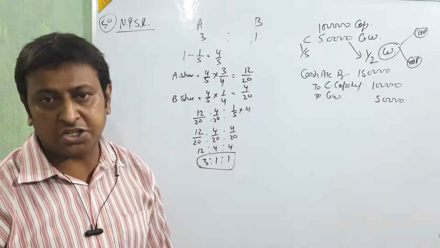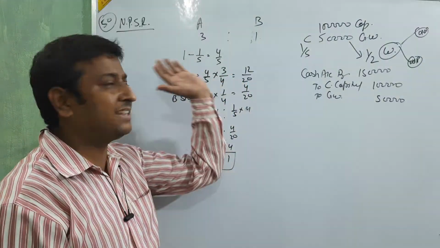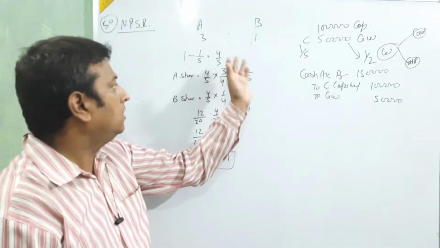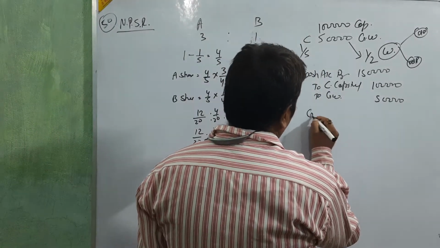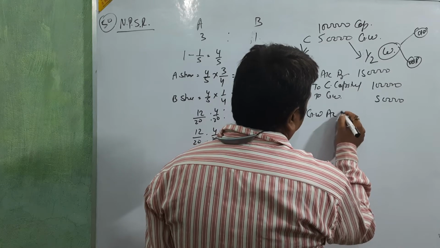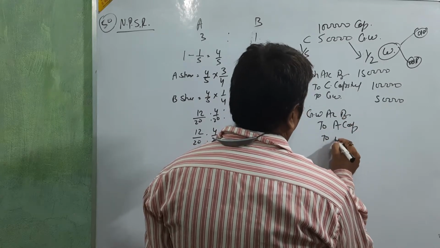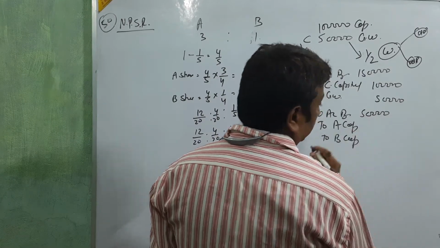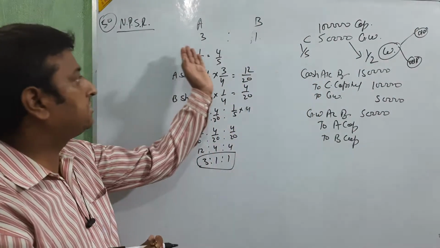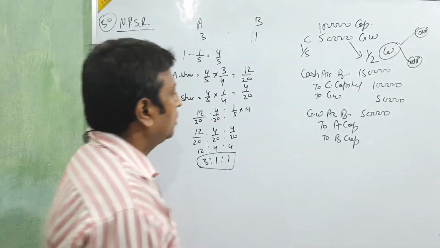Then we distribute this goodwill in the sacrificing ratio. Here no change is there, so the sacrificing ratio is equal to the old ratio. Goodwill account debit to A capital and B capital. Goodwill is 50,000, just divide it in 3:1.